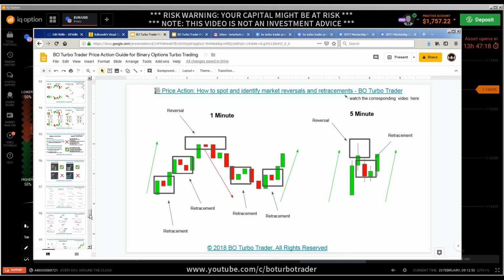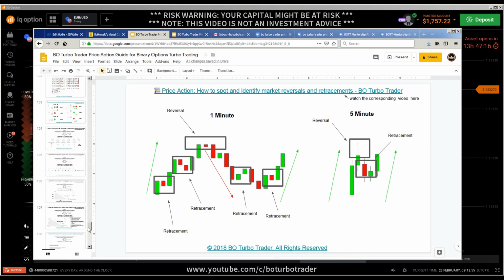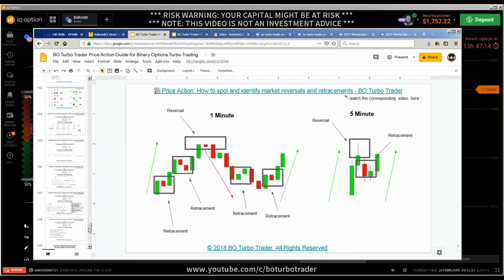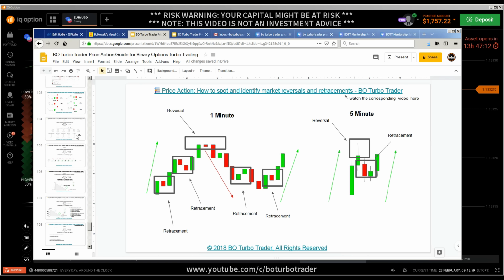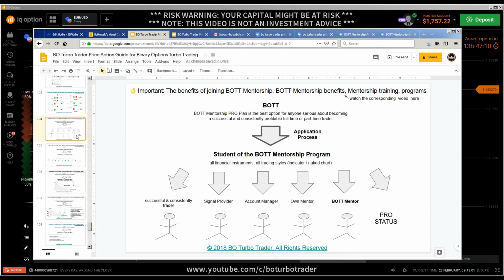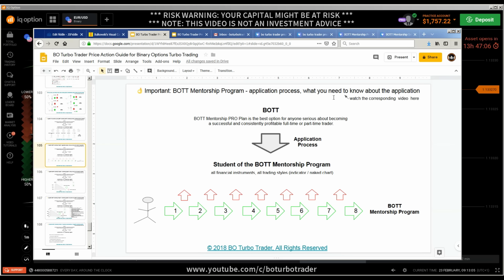Let me show you this in more detail, because I get so many questions and I have to clarify this. The application process is this one here. You apply for the BOTT Mentorship Program, and then you go through these steps. At the end you will be approved.